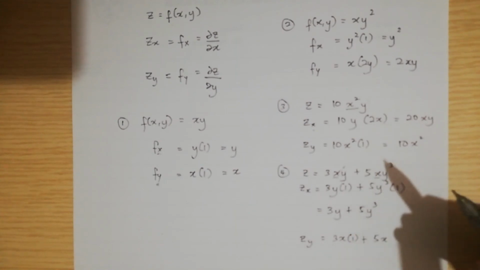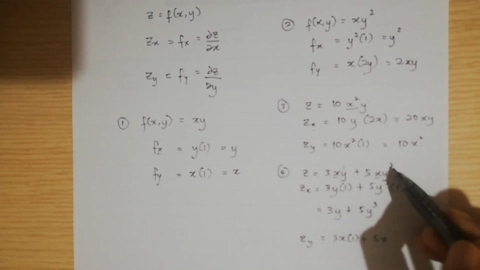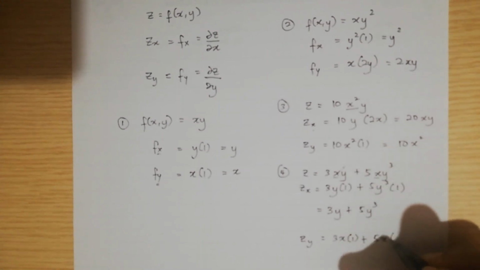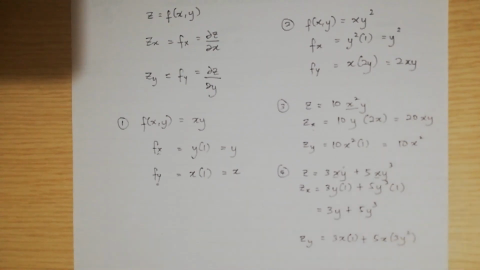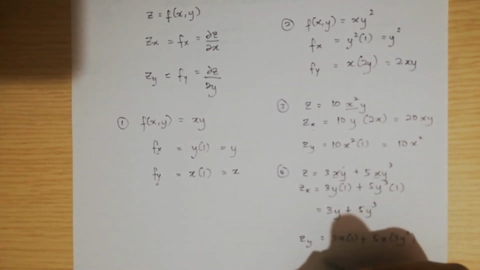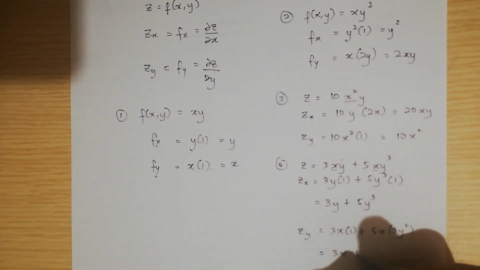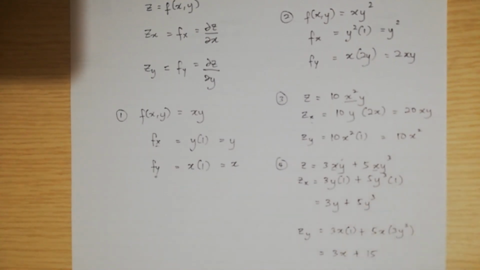Differentiate y to the power of 3 with respect to y, you will get 3y squared. You bring the 3 to the front, and 3 minus 1 you get 2, so 3y squared. Simplify this one, you will get 3x plus 15xy squared.